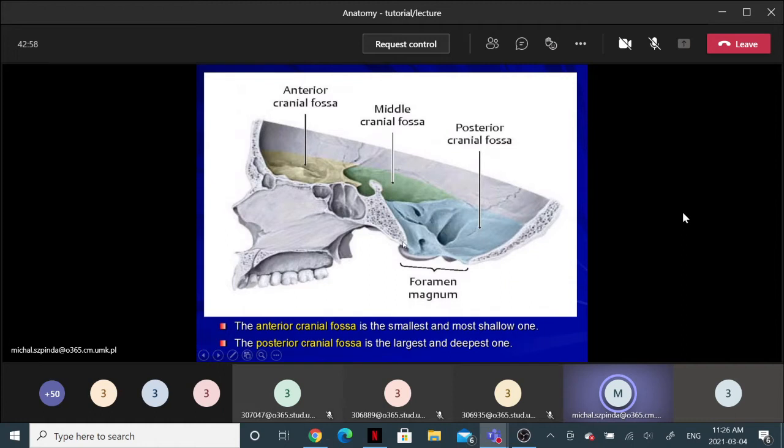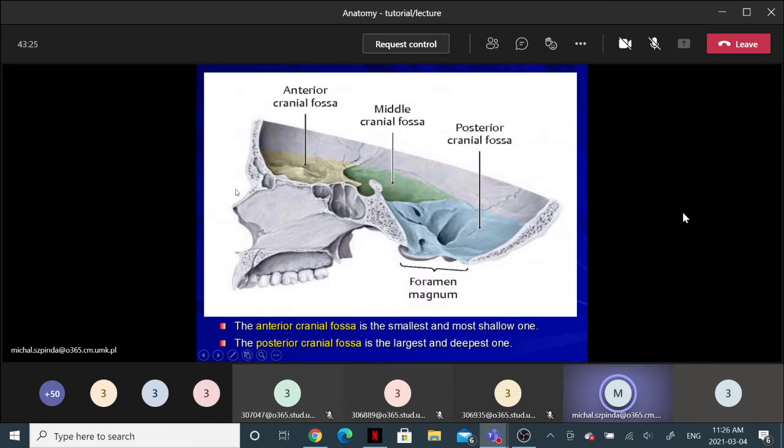Just here you can see that the exterior of the posterior cranial fossa closely corresponds to the interior. The external cranial base corresponds to the internal cranial base.